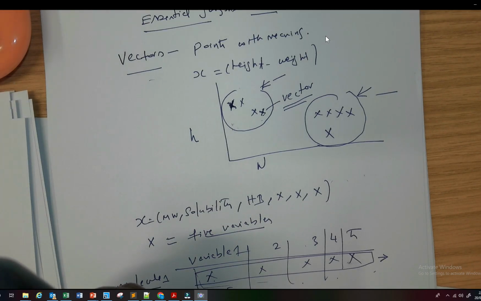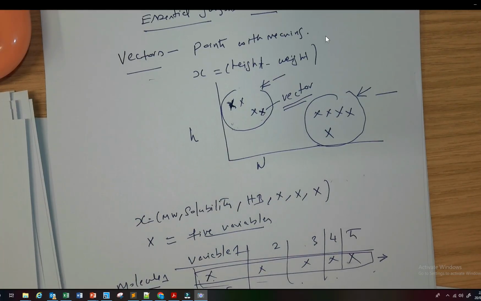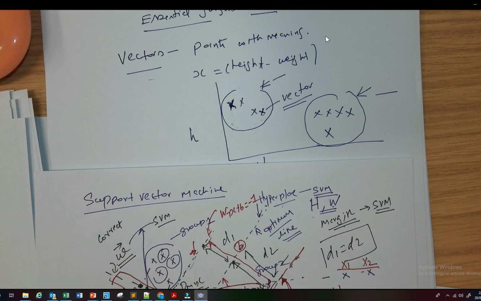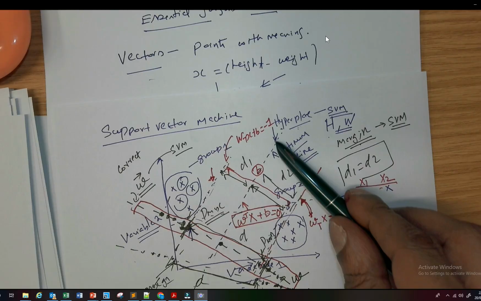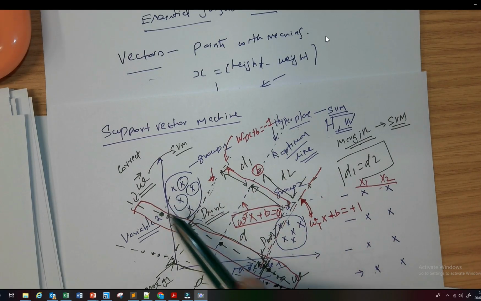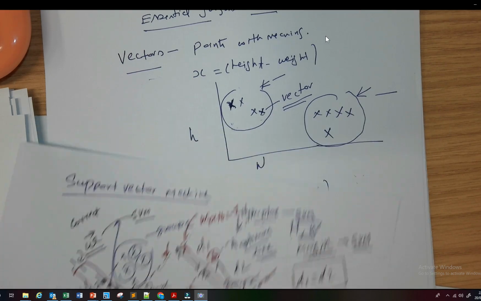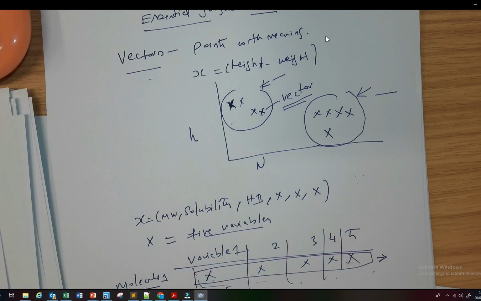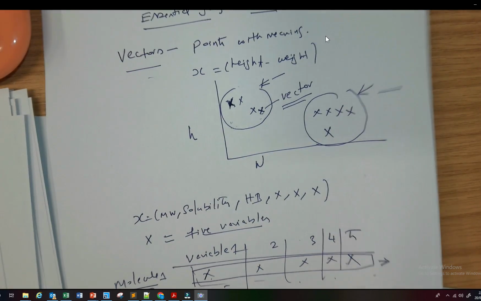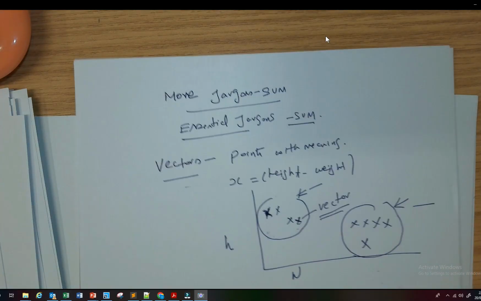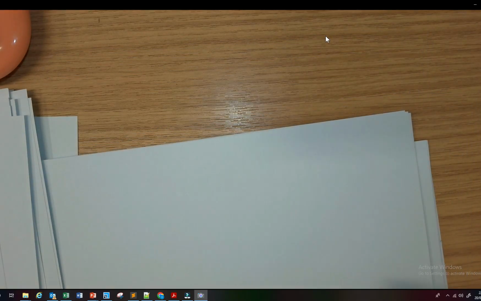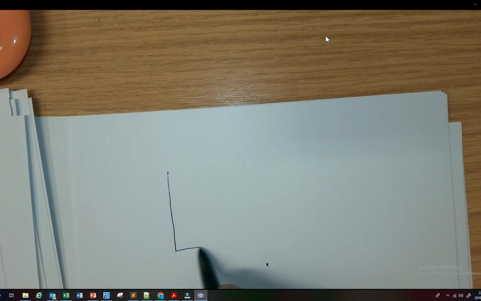I think this is something good to learn. Now in the previous video, I talked about a hyperplane, the line that separates these two groups in a two-dimensional vector space, isn't it? So let's see how the hyperplane looks in different spaces.